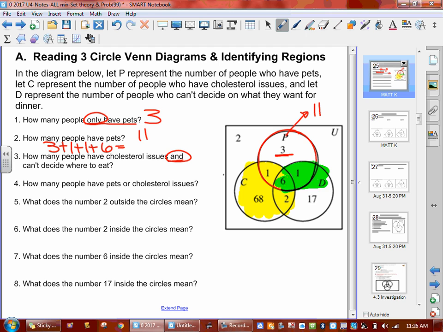Well, there is the can't decide what to eat circle. Which regions were double shaded? The 6 and the 2. So this region right here is cholesterol and can't decide dinner. This is a double overlap situation that includes our middle triple overlap. So we would have 6 plus 2, which makes 8.